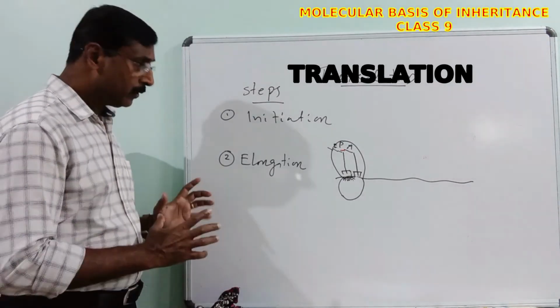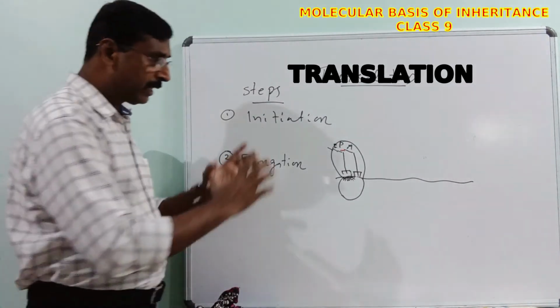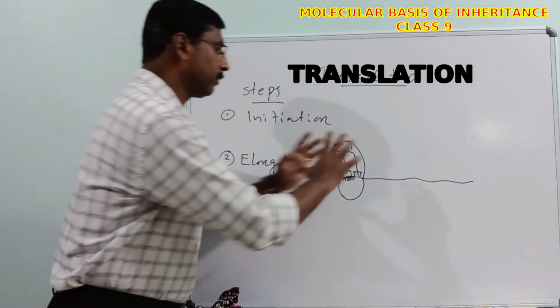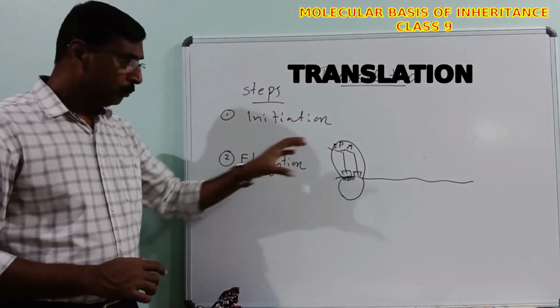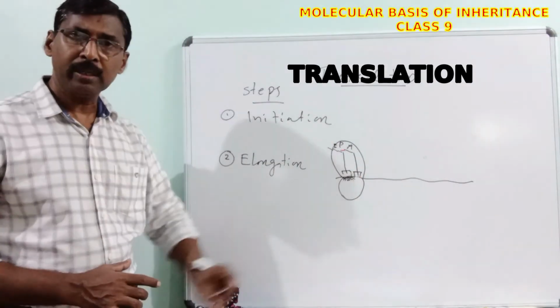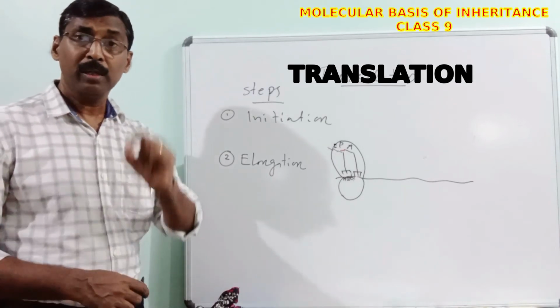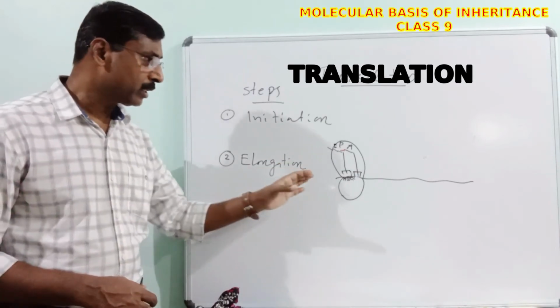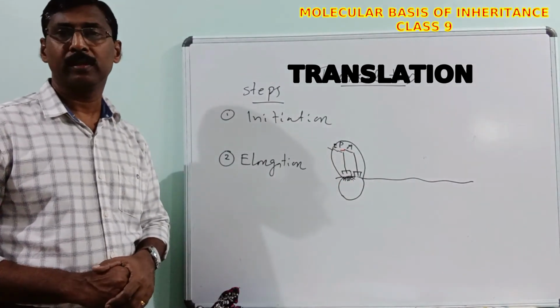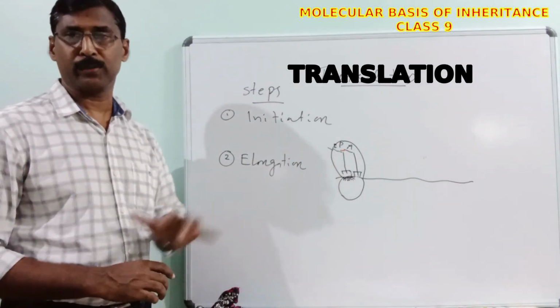Now the entire ribosome moves forward to the extent of one codon. That is called translocation of ribosome.